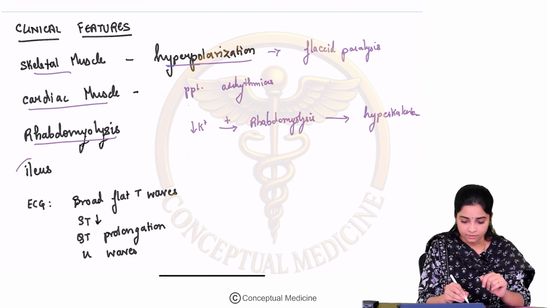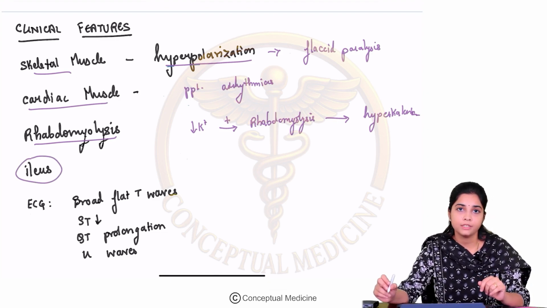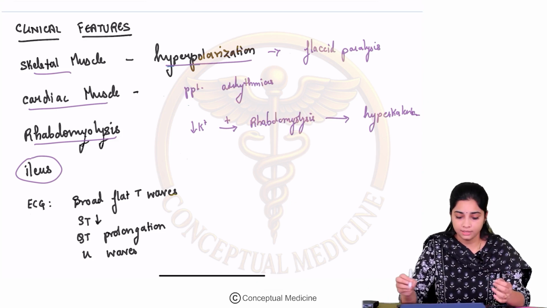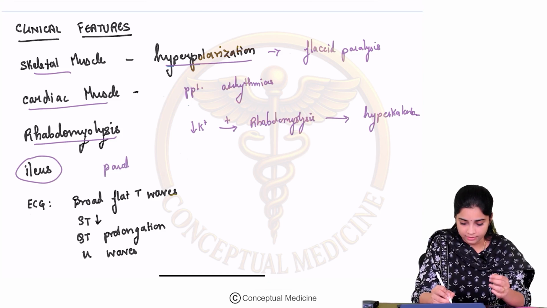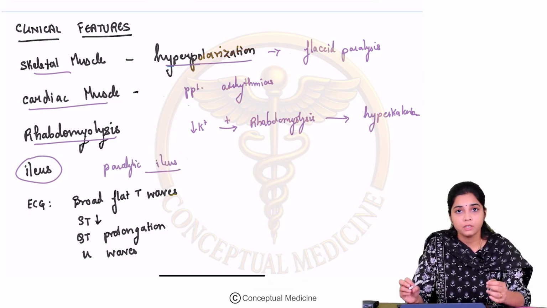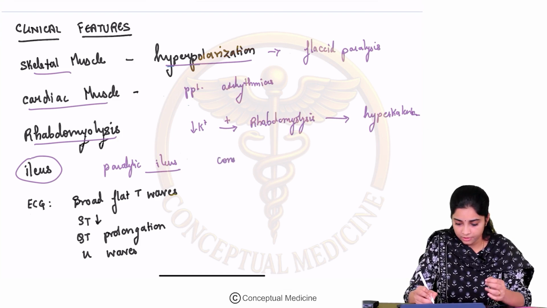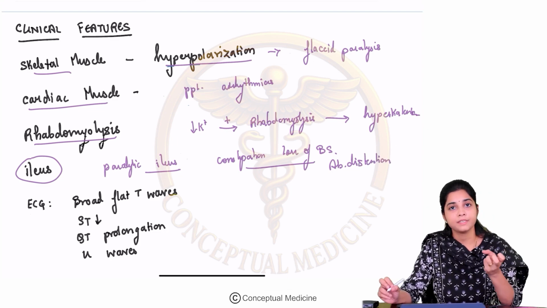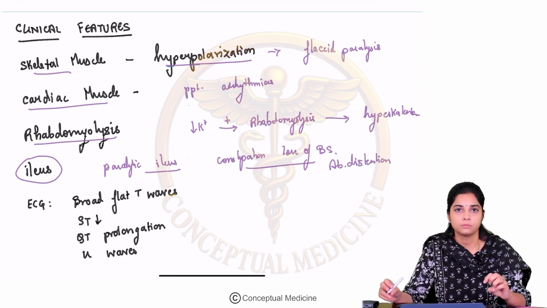Okay, then potassium is required for the smooth functioning of the gut. So, hypokalemia can result in paralytic ileus, where you have constipation, loss of bowel sounds, and abdominal distension. Ileus means that the intestinal movement gets slowed down.